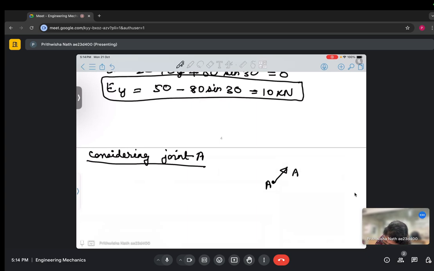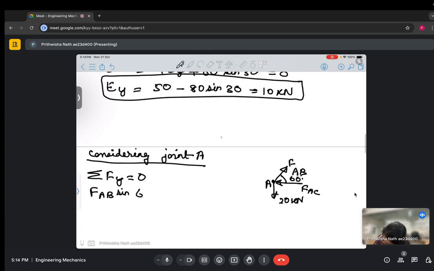Let this be AB. This is 30 kilonewton, and let this be FAC, and this angle is 60 degree. So writing Fy equal to 0, what we will get? FAB sine of 60 minus 30 equal to 0.